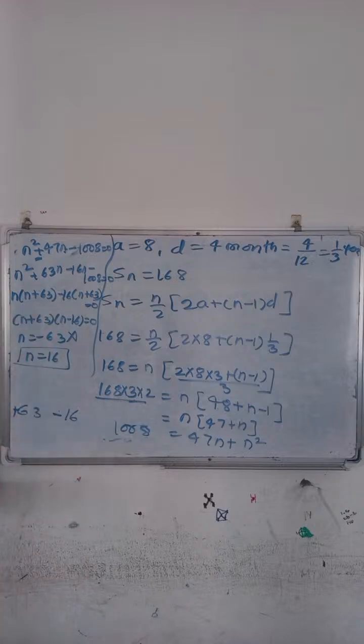And we are getting the sum of the children's ages as 168. Okay, and they are asking to find the age of the eldest participant. So how can you calculate the eldest participant's age?